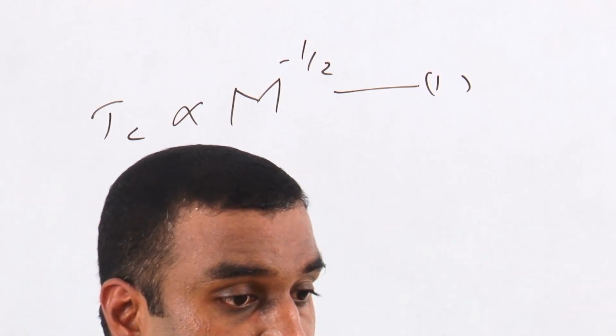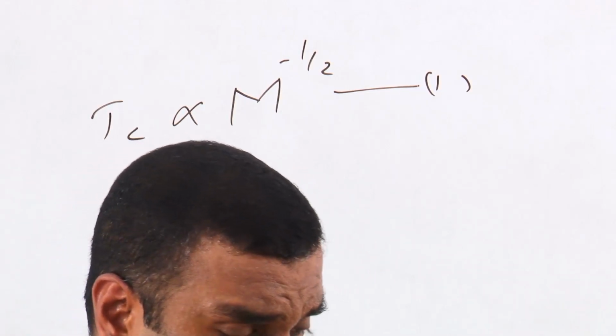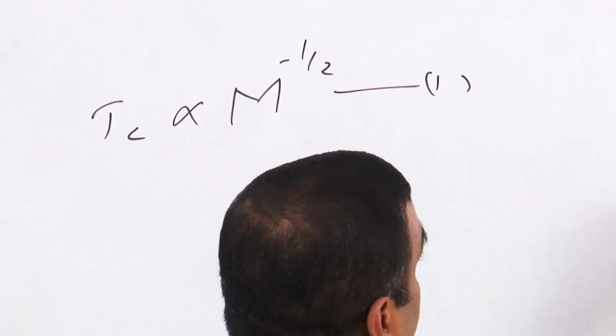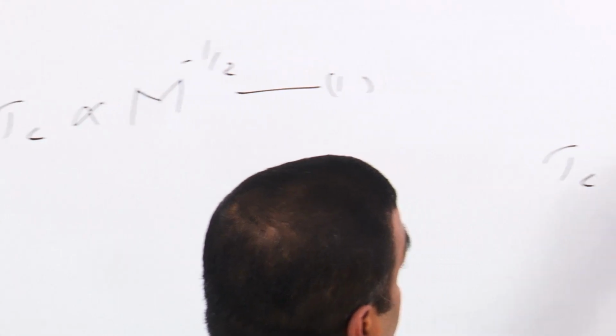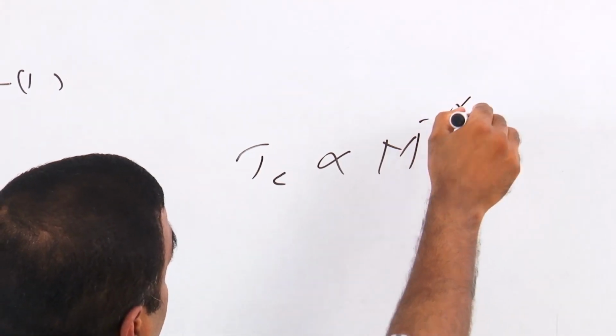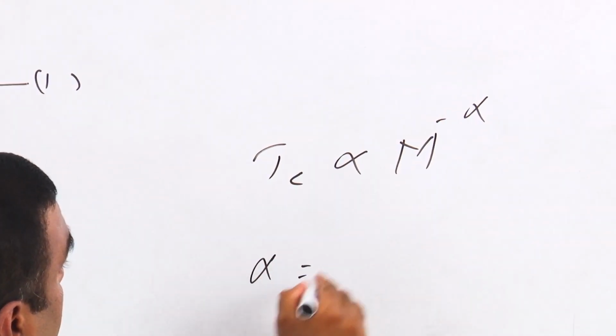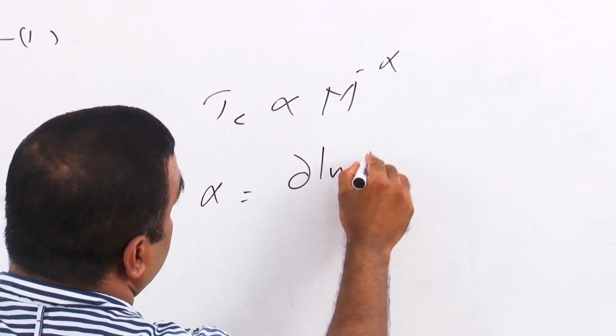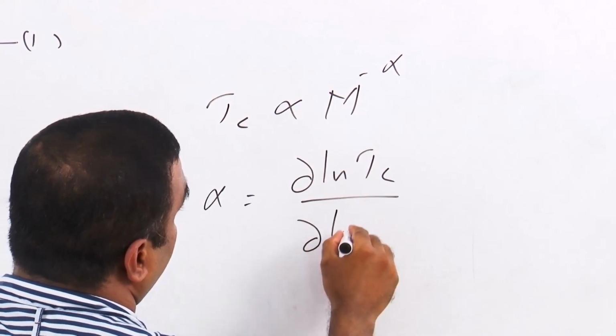More recent experiments suggest another relation where Tc is proportional to m raised to minus alpha, where alpha is equal to dou log Tc divided by dou log m.